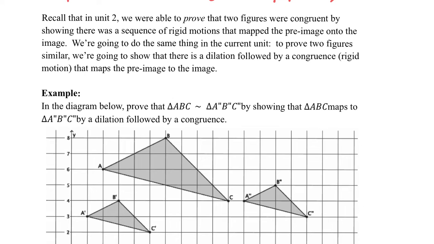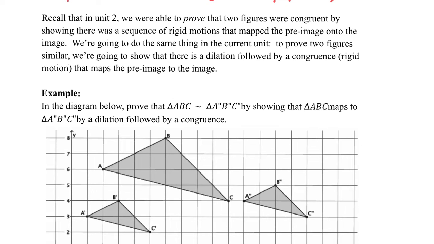We can do the same exact thing in this unit, except obviously since the two figures are different sizes, they're not going to be all rigid motions, because if they were all rigid motions, then two figures would be congruent. But these figures aren't congruent, they're similar.